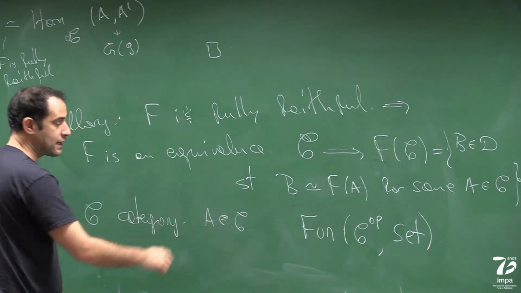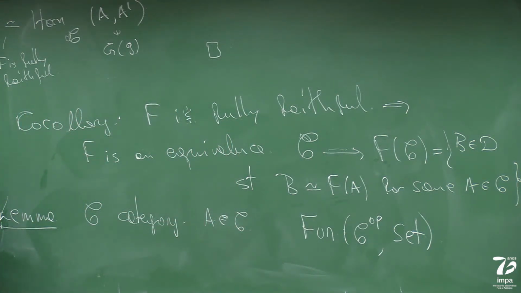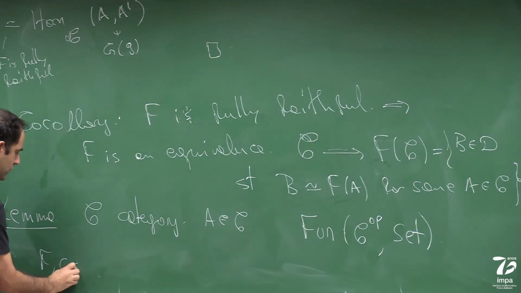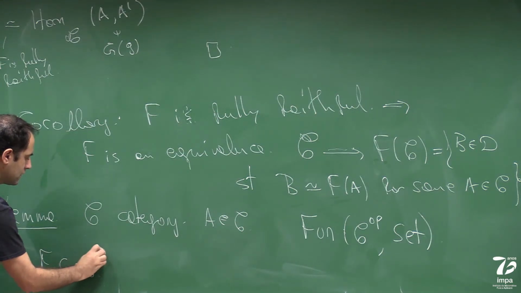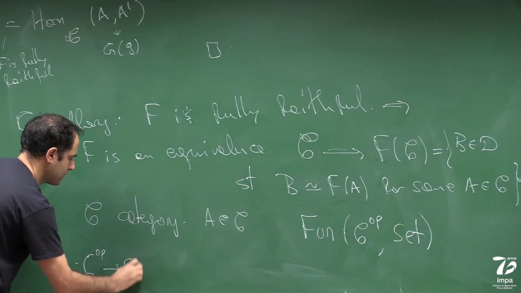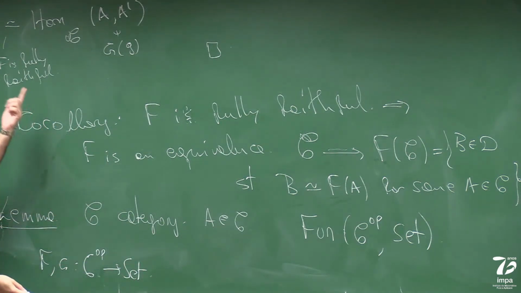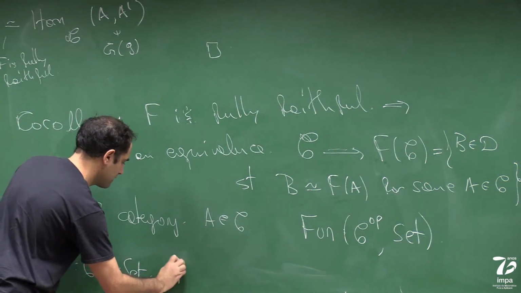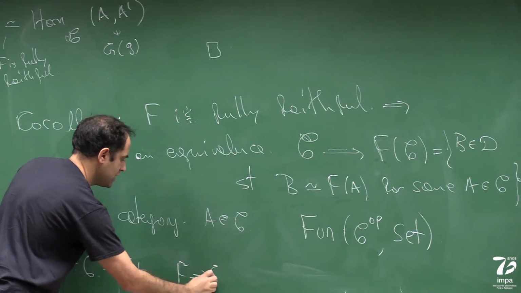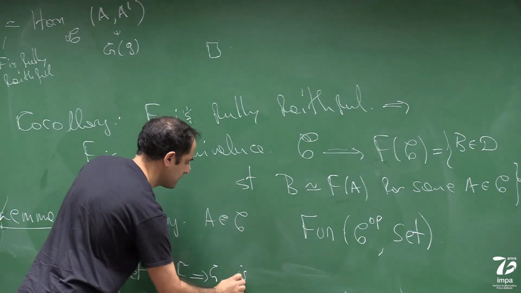So first of all, let's make that into a category. If I have two guys, F and G, which are functors from C up into Set, then the set of morphisms from F into G is the natural transformations.